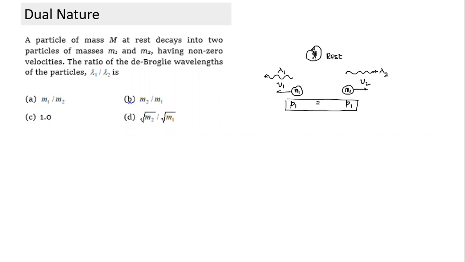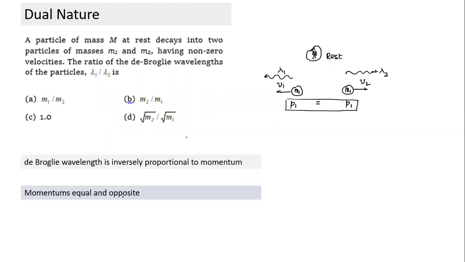Whenever an explosion takes place, the kinetic energy is shared in inverse proportion to mass, and velocity is in inverse proportion to mass, and we should remember those things. If momentums are equal, de Broglie wavelengths also will be equal. So pretty simple, the ratio is 1. Pritam, have you followed this? Yes, sir. You should not have missed this point. Momentums are equal and opposite, so the de Broglie wavelengths also are equal.